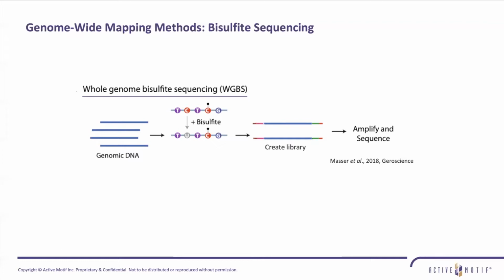Cytosine that is unmethylated will be converted into uridine by bisulfite. And methylcytosine, which we can see here with little dots on top of it, will remain as methylcytosine after incubation with bisulfite. So methylcytosine is in a way protected against deamination by bisulfite.